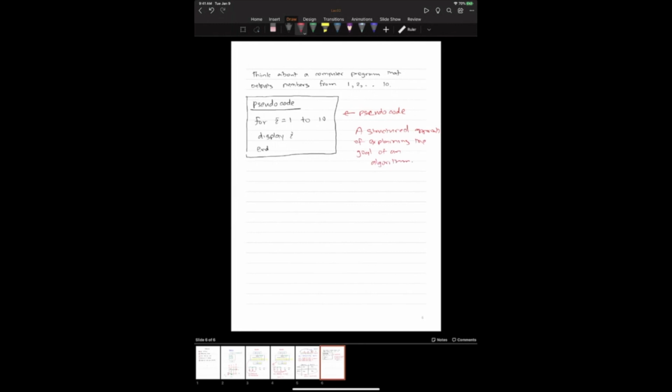The goal for us was to display numbers from 1 to 10. Let me distinguish it from the actual program. If you have to implement the above pseudocode in an actual program, you have to follow certain structures.